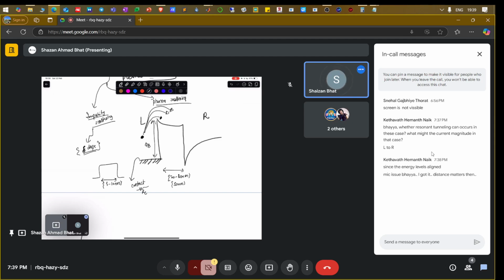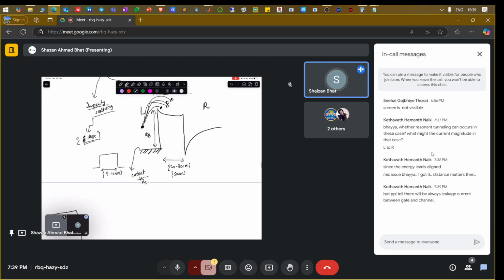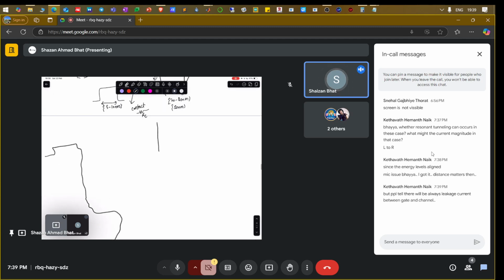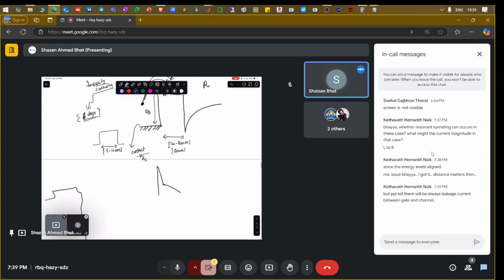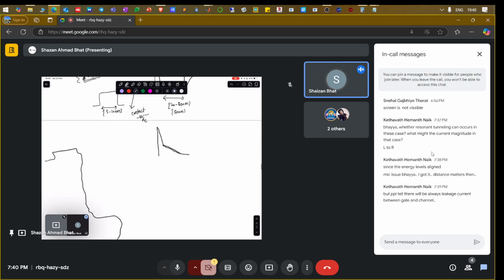It has to go over the barrier. So what you do, you can dope this particular region so that you can bring the band down there. You get a band like this, and then it becomes like this.